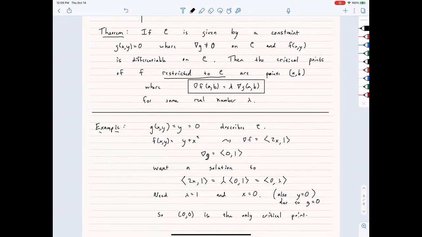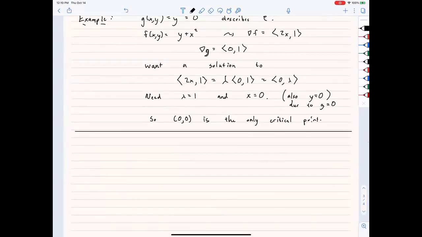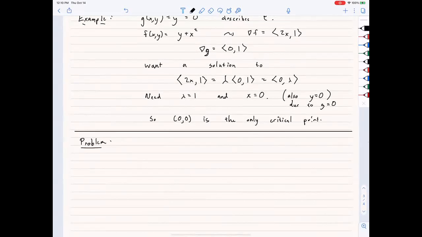All right, so let's do one more problem, and let's look at the problem we did last time, where we did parametrize. So last time we had the following question.